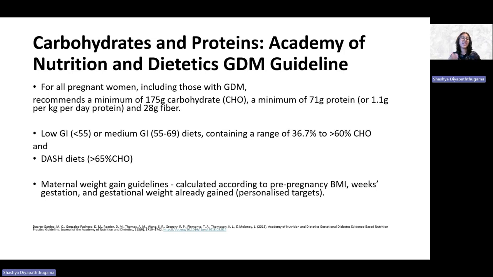And if they have already exceeded that recommended weight gain, that targeted weight gain, when they are coming to you, we are not trying to limit the energy intake. We are not trying to bring about a weight loss, but we try to just maintain the weight at that level, even though they have exceeded that target value.